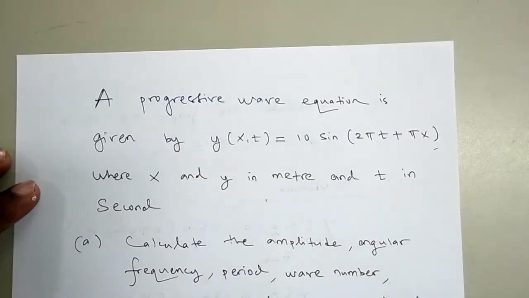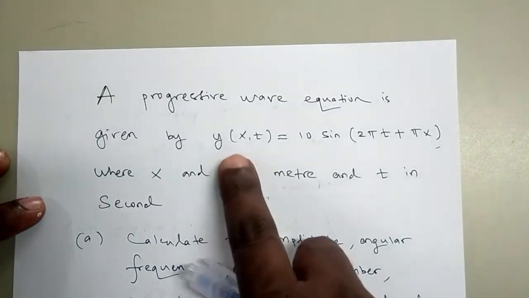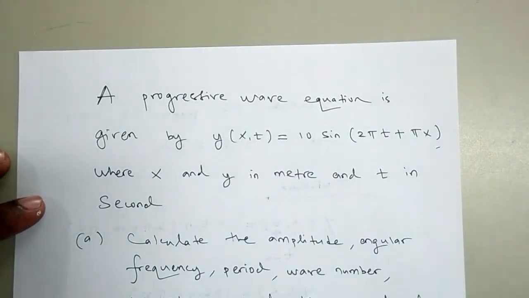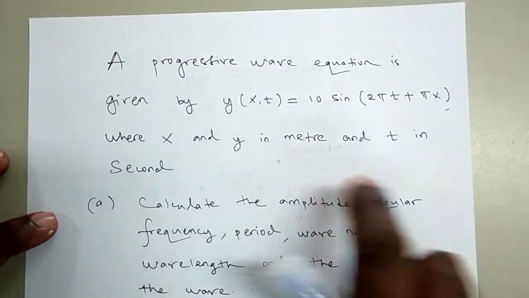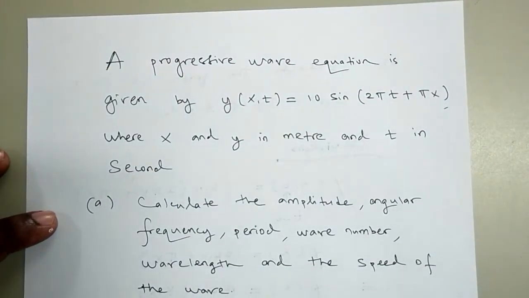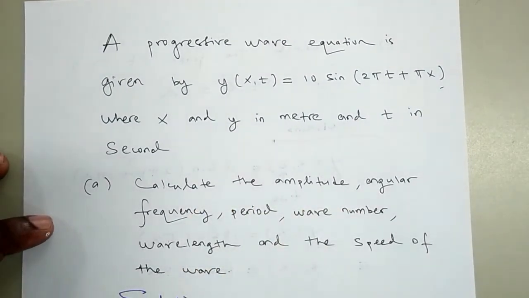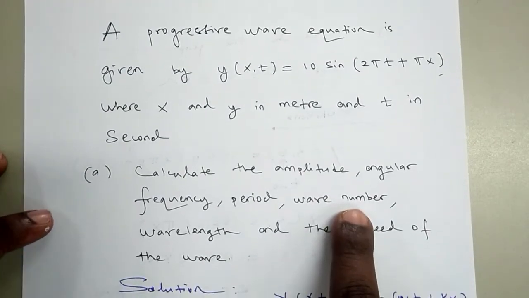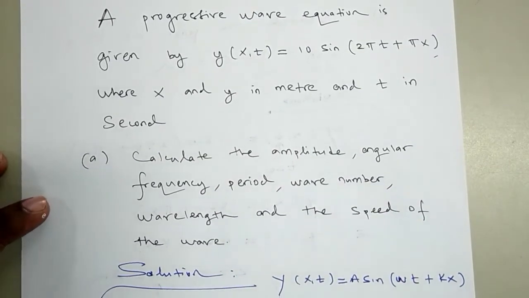Let us try to do this question. A progressive wave equation is given by y of x and t equals 10 sine in bracket 2 pi t plus pi x, where x and y are in meters and t is in seconds. A. Calculate the amplitude, angular frequency, period, wave number, wavelength, and the speed of the wave.